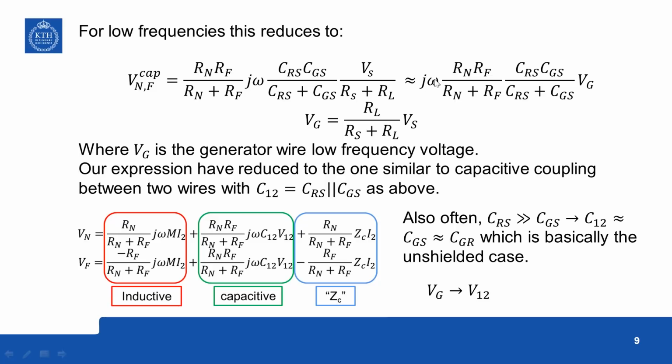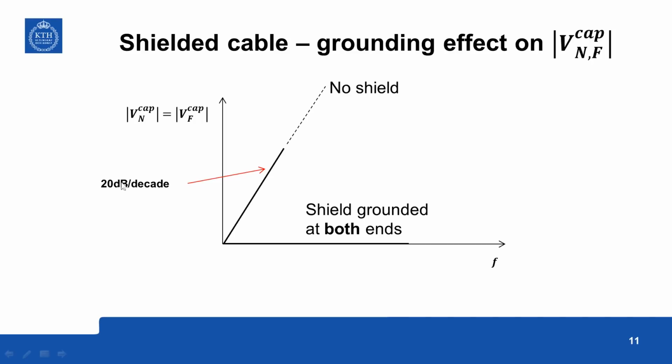You can see that it is changing with j omega, so it is a 20 dB per decade change. This is the shield not connected to the ground, or it is equivalent to having no shield at all. When the shield is grounded at both ends, or even at one end, this is applicable even for connection to one end, then suddenly it becomes 0.